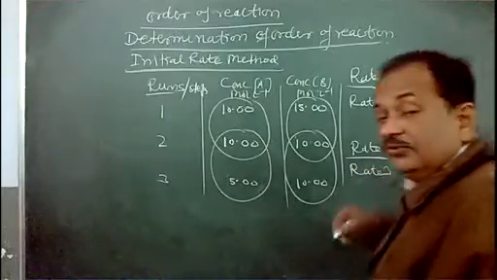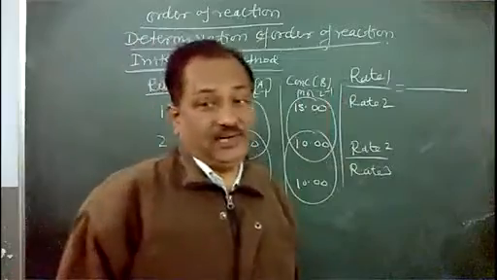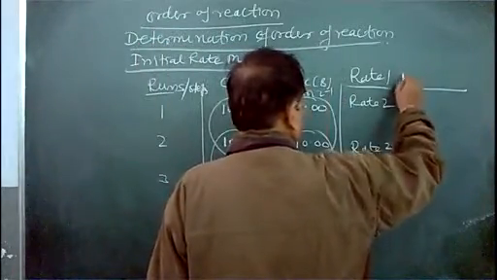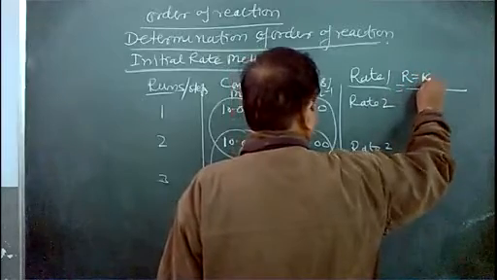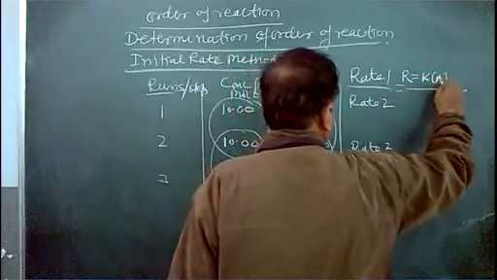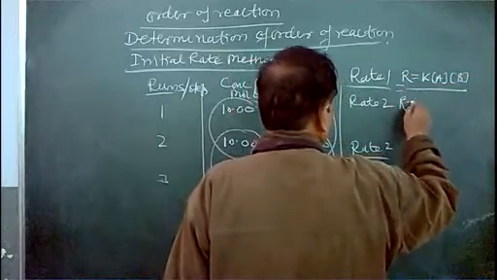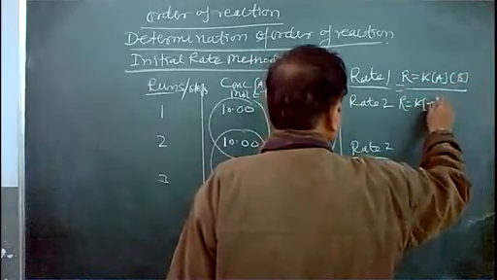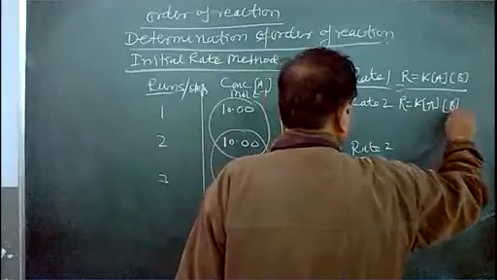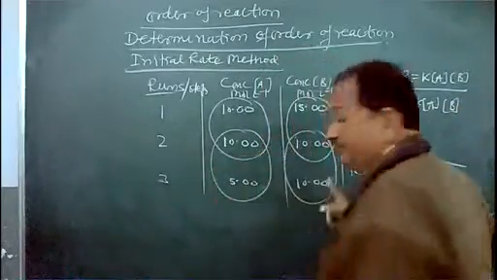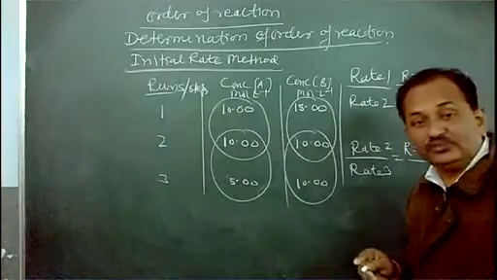And so we have to write down the individual rates. So what is it? Rate is equal to k, A power a, B power b. Similarly, here we write the rate expression.